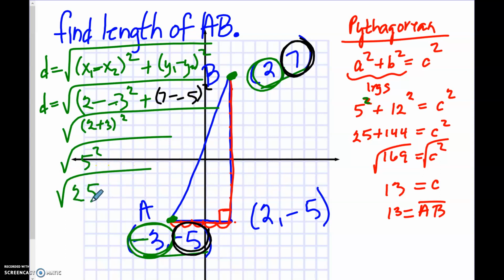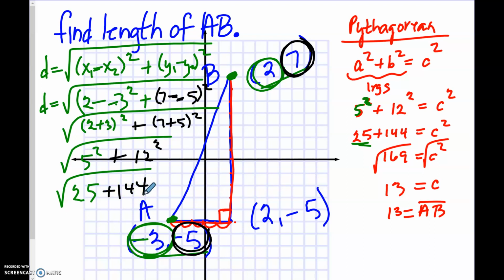Well, don't you find that interesting? Because isn't that the first leg here that I had 5 squared, and I got 25? That's the same thing that happened right here in the green with those x values. Now let's see what's going to happen in the black when I have minus a negative. That's 7 plus 5 squared, which is 12 squared, and that is 144.